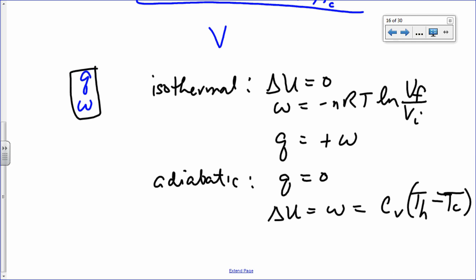It's just going to be CV times T final minus T initial. Okay, so you'll have formulas for all of those.